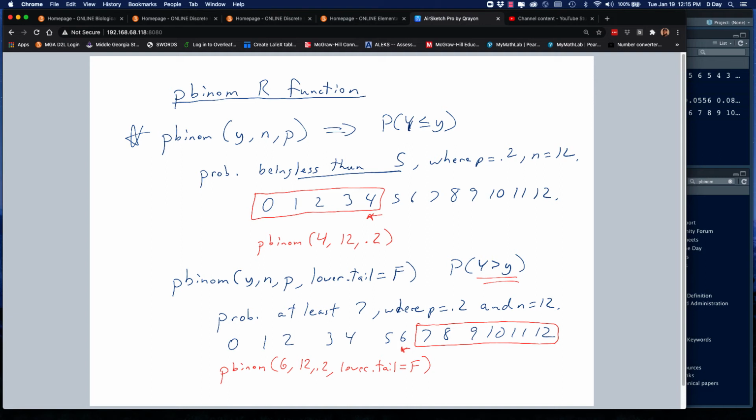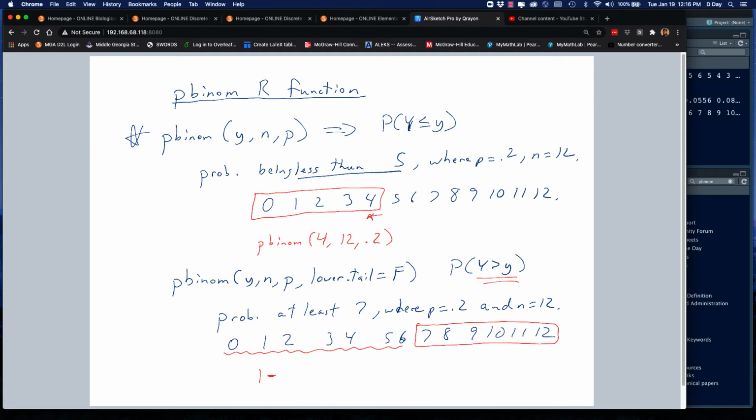The alternative way that you could do this would be to consider the complement rule, where you take the probability of the whole sample space, which is 1, and subtract the stuff you don't want to be in there, which is this stuff here. You don't want those probabilities, you want the ones I boxed in.